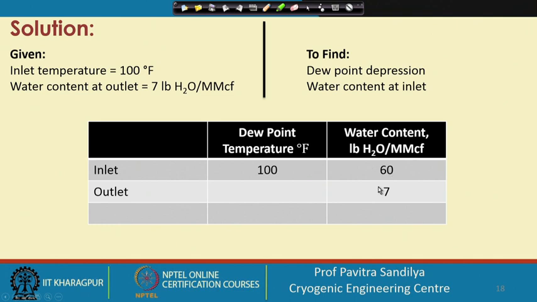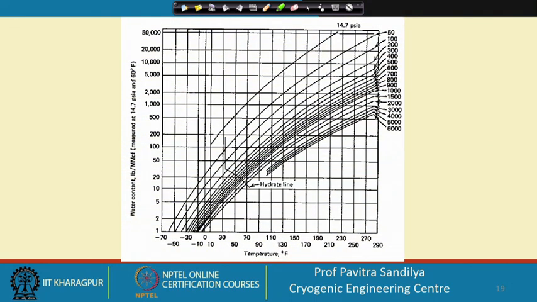Now to go for the dew point temperature, we will use the same graph with the water content as 7. So again we go to this graph, locate 7 on the y-axis and make a horizontal line, and wherever it intersects the 1000 psig line, there we drop the vertical line and we find the temperature of the natural gas at the outlet, which is about 37 degrees Fahrenheit.